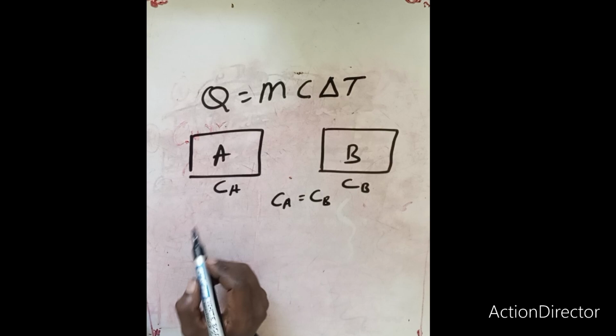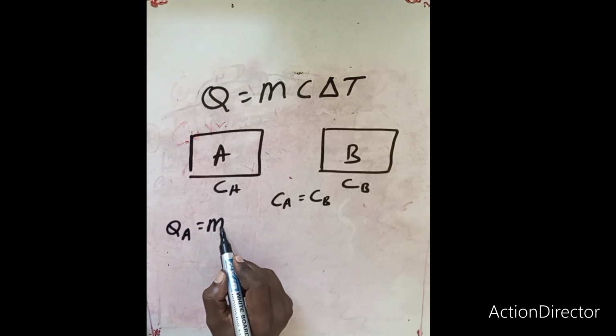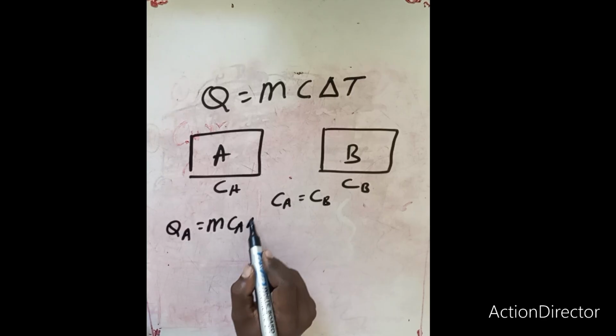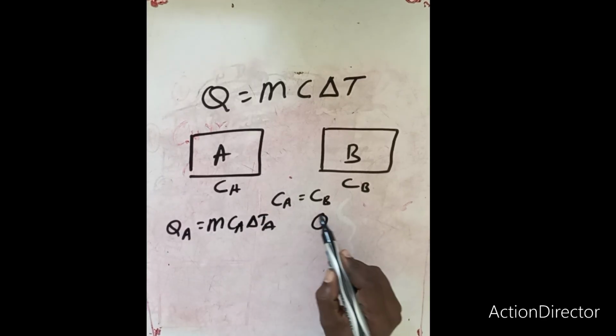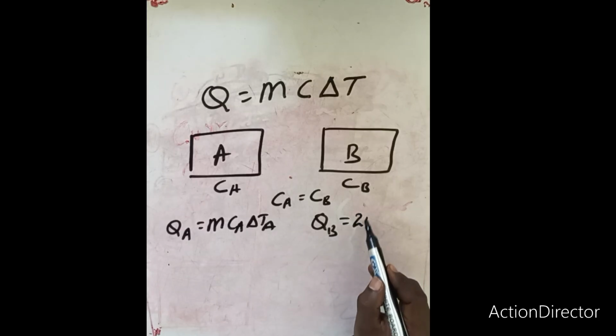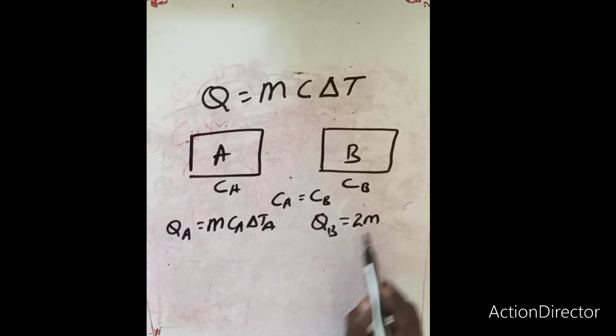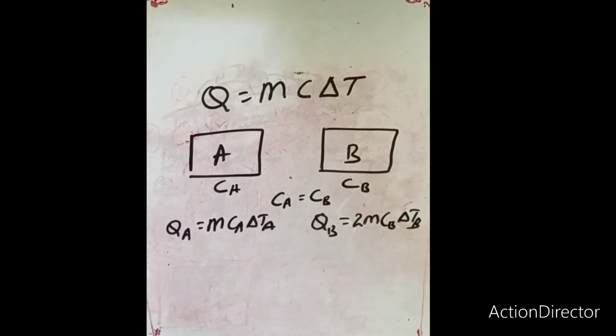For A, Q of A is equal to M, C of A, change in temperature of A. For B, Q of B is equal to 2M, since it's the same material but the mass is 2 times, times C of B times the change in temperature of B.